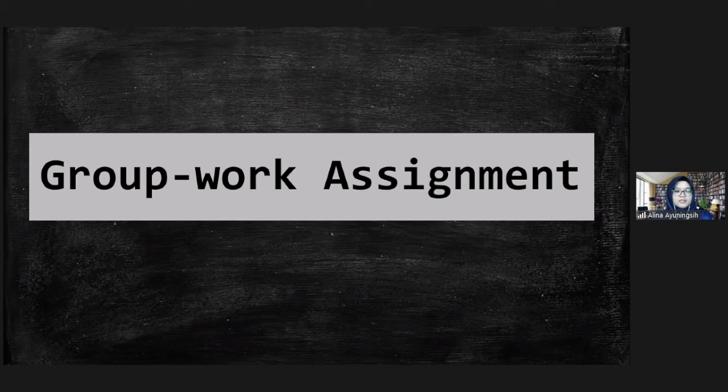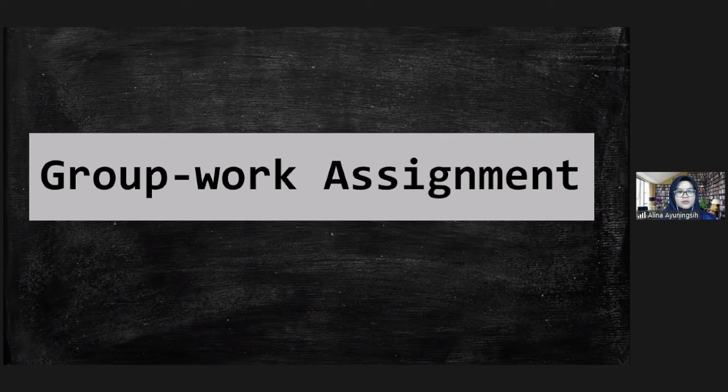Yang mengerjakan dengan yang tidak mengerjakan pasti tidak akan mendapatkan nilai yang sama. Dan yang mengerjakan pasti akan mendapatkan nilai. Tapi yang mengerjakan dengan yang mengerjakannya asal-asalan, nilainya pasti beda. Let's say yang mengerjakan dapat 90, yang mengerjakannya asal-asalan jadi membuat tugas kelompoknya acak-acakan, mungkin akan dapat sekitar 60. Okay?